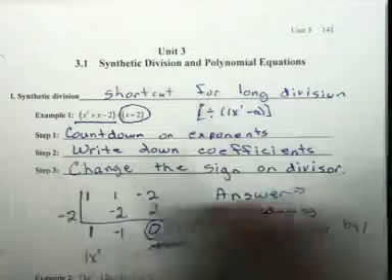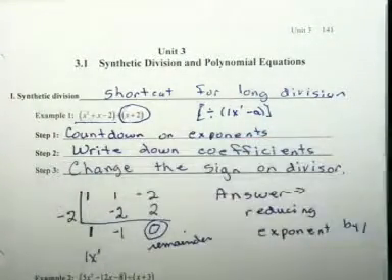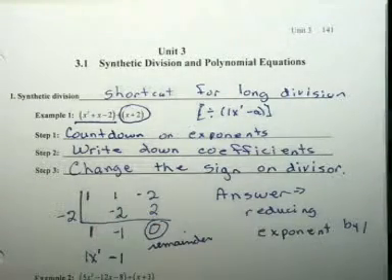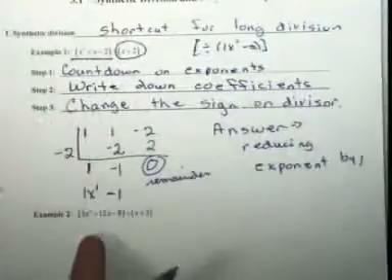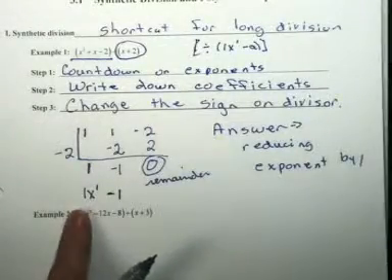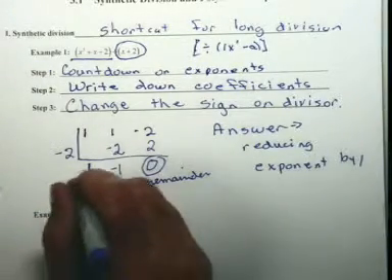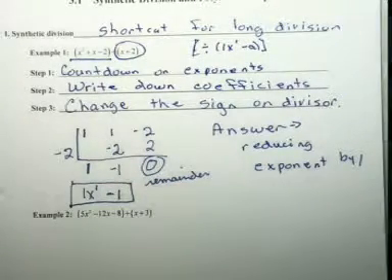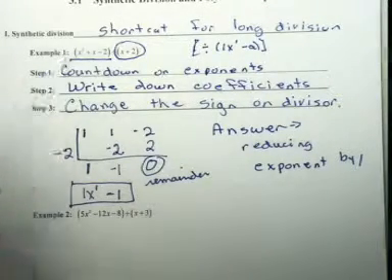I ignored that x because dividing x squared by x just made it x to the first. So if this is x to the first power, I now have 0 x's. Normally we could just have x here instead of 1x, but I was showing you where it came from. We reduced x squared to x to the first, and so my answer is just x minus 1. When we write the answer, we remember just to reduce the exponent.